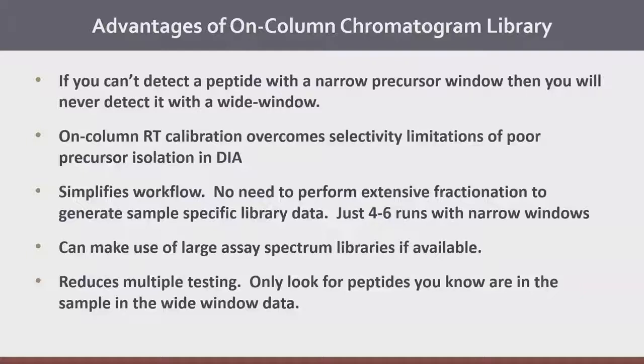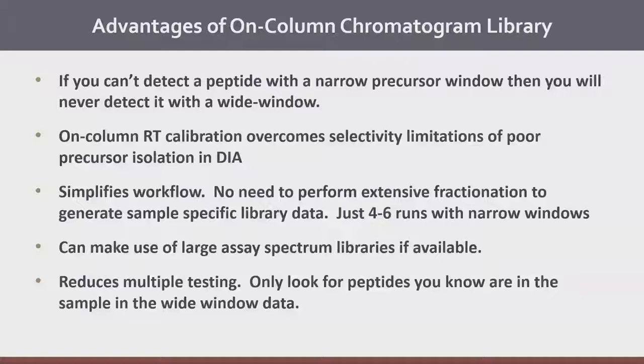We think that the reason why these large assay libraries help a lot is largely because, even though there are 100,000 peptides in those libraries, that's still substantially less than the 15 million peptides in the FASTA file to begin with. So it reduces the multiple testing.